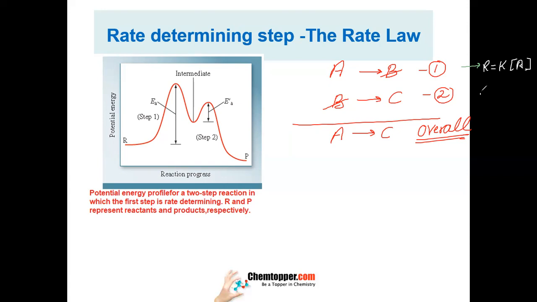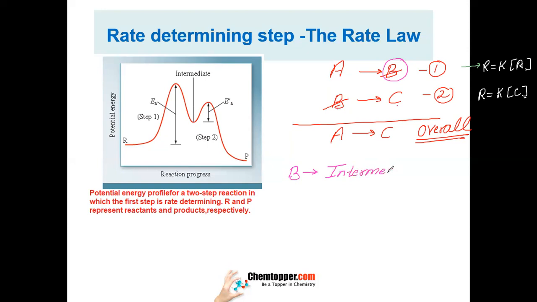What's the rate law for the second step? Rate equals K times the concentration of C. B is formed in step 1 and used up in step 2. So B is an intermediate. What is an intermediate?